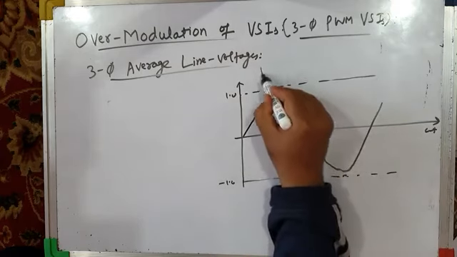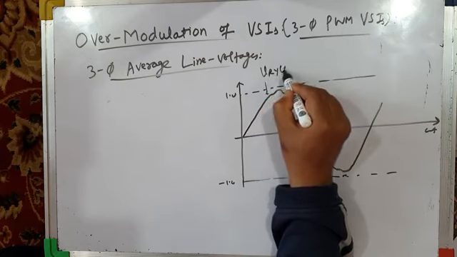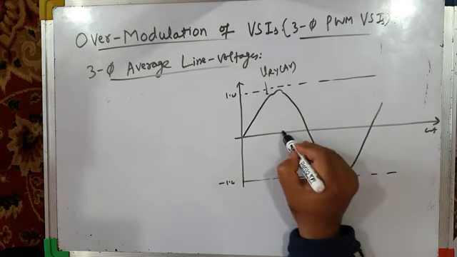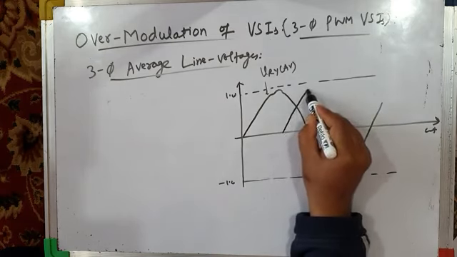This is line voltage VRY average, instantaneous average line voltage VRY. Then VYB will be something like this.